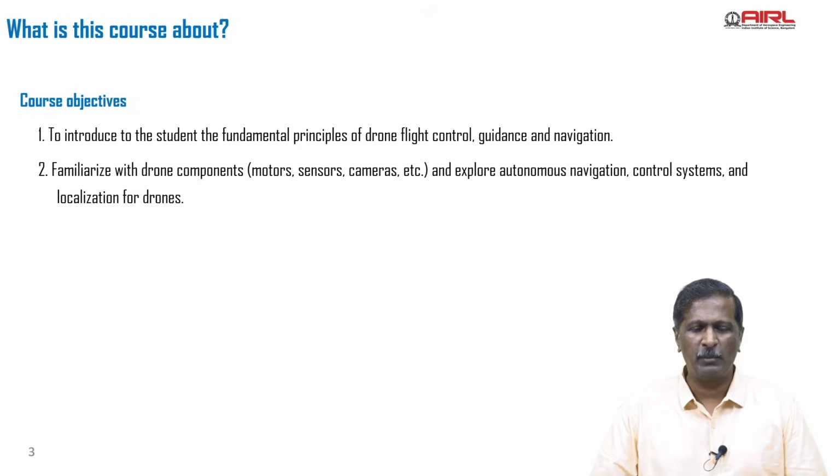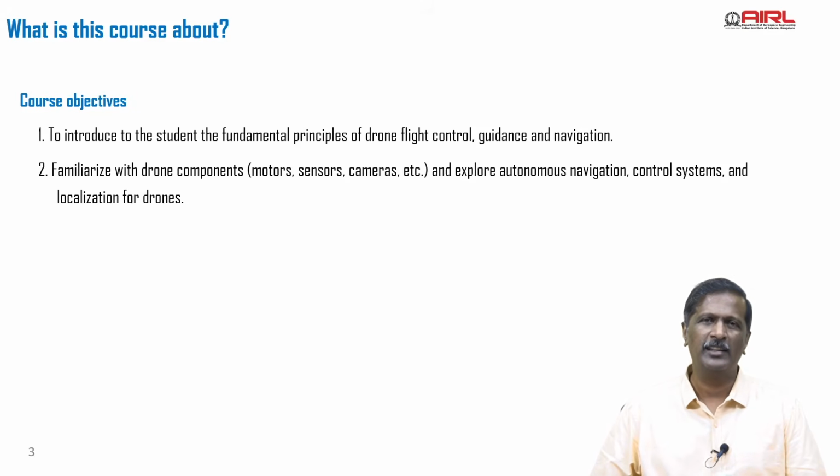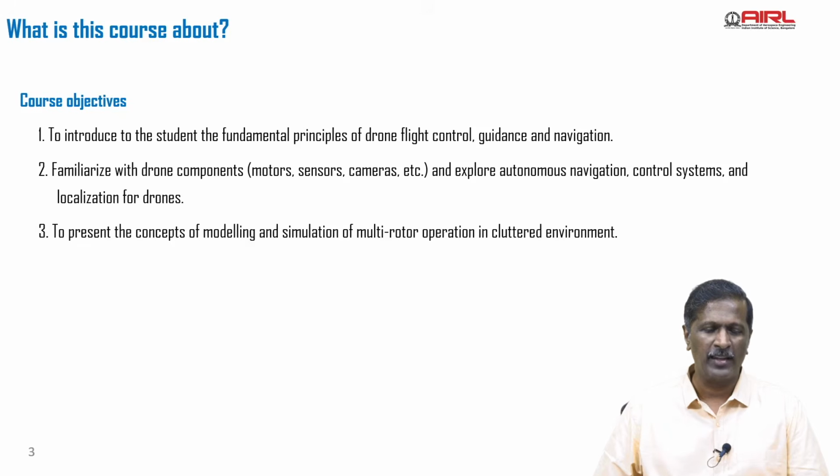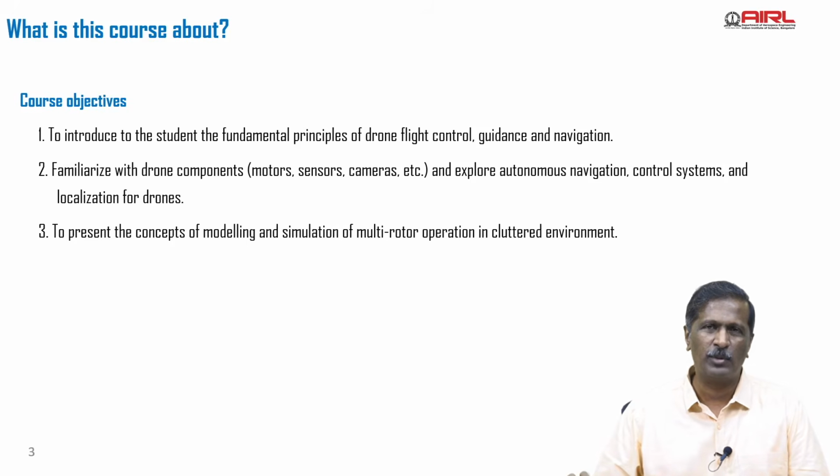The second part of the module will make you explore beyond what drones can do, understanding the sensor components and estimation algorithms which are required to get the states, and so on and so forth. Then finally we come to modeling and simulation in a cluttered environment. Here we focus more on the autonomy aspect.